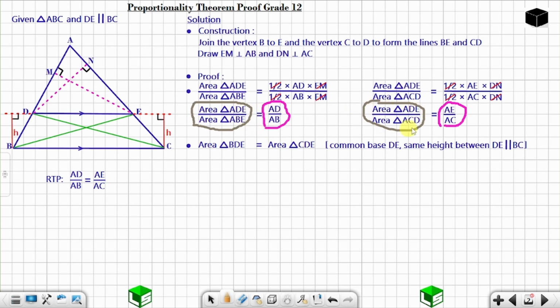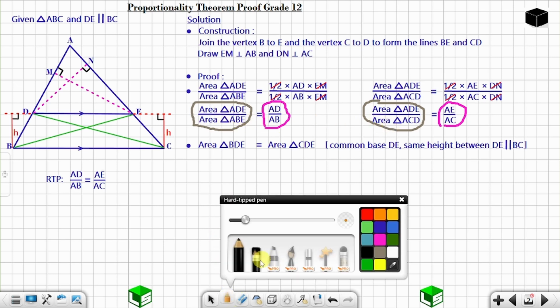Now in the denominator you have area of triangle ABE and area of triangle ACD. So if this denominator is equal to this denominator, then this ratio is equal to this ratio. So we have to check this.